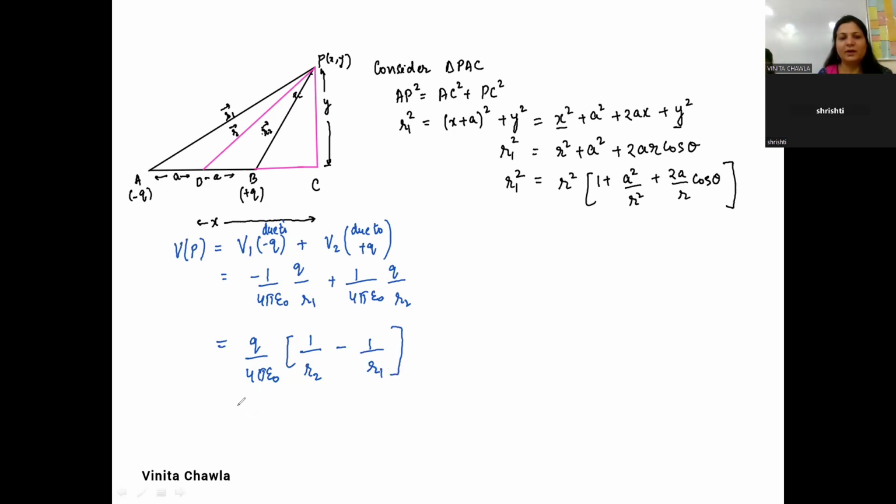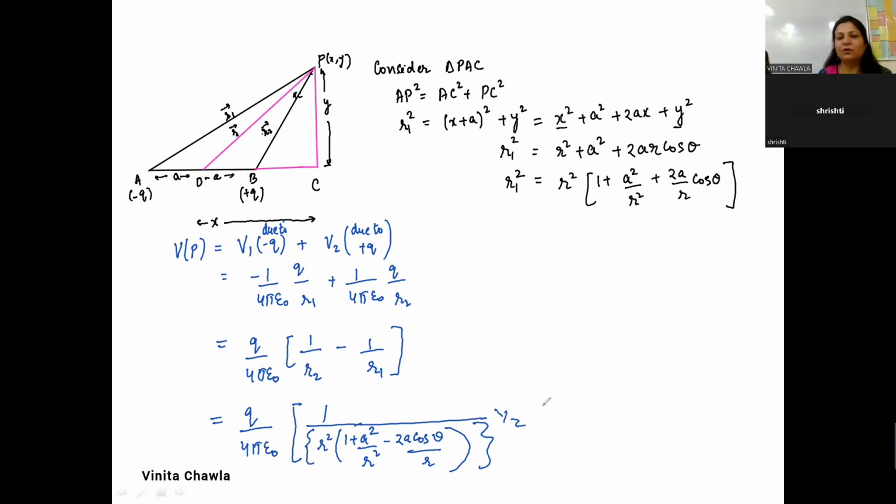Now we can write this as Q upon 4 pi epsilon naught, 1 upon R2. What is R2? R2 square we have found out, right? So R2 is r square times 1 plus a square by r square minus 2a cos theta by r, raised to the power half. This is how we'll write.